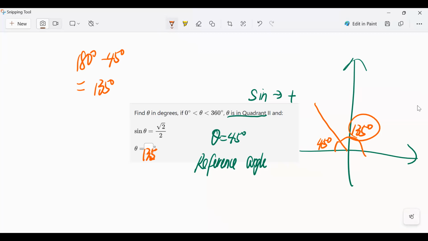So we're using the special value first, locating the reference angle, and then after that, finding the angle with the 45-degree reference angle. So the answer is 135 degrees in the second problem. That makes sense.